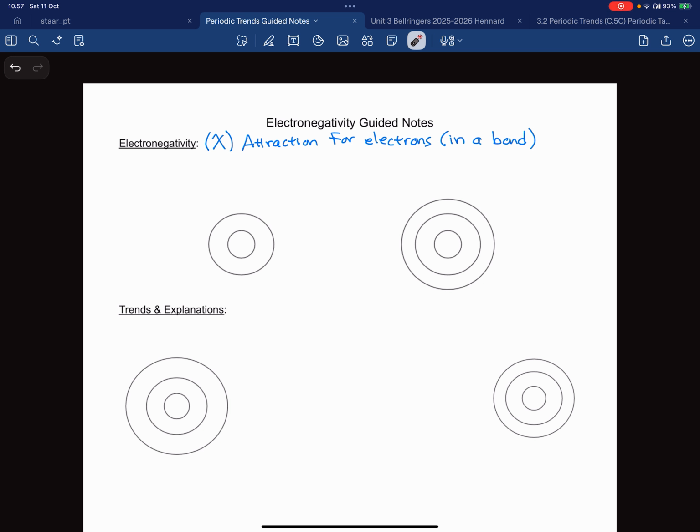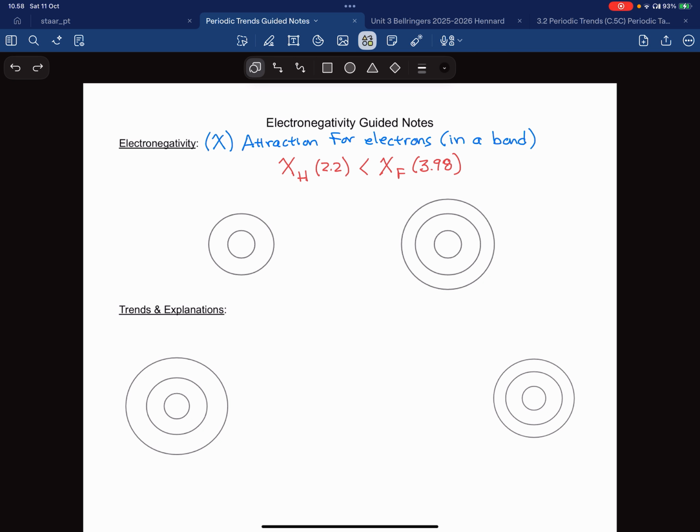So we know that the electronegativity for hydrogen, which is 2.2, is a lot less than the electronegativity for fluorine, which is 3.98, according to your charts.